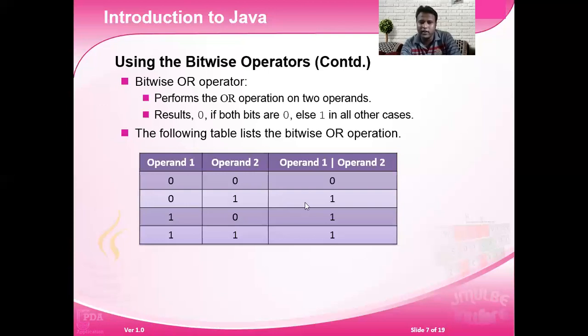But in the case of the AND operator, if any one condition is false, it returns you false. So in the case of the AND operator, you have to ensure that both statements return the true value.